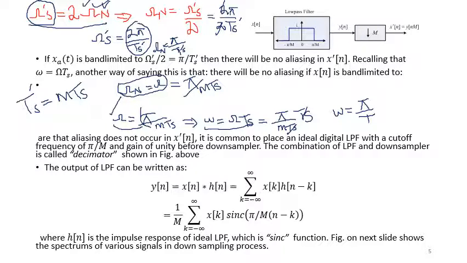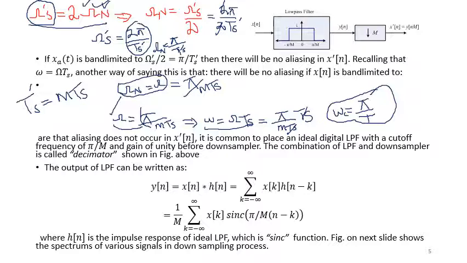So if we use this as the cutoff frequency, let me write omega c so that you understand this is basically the cutoff frequency. You can also say that's the maximum frequency, which we have for the non-aliasing case.